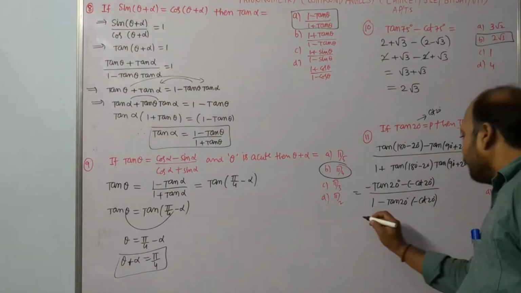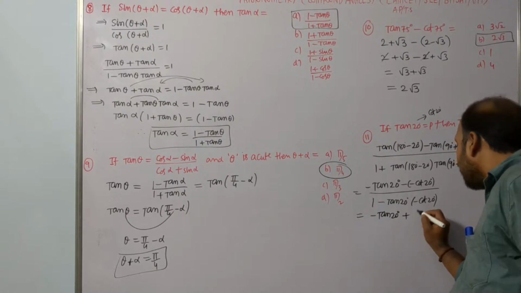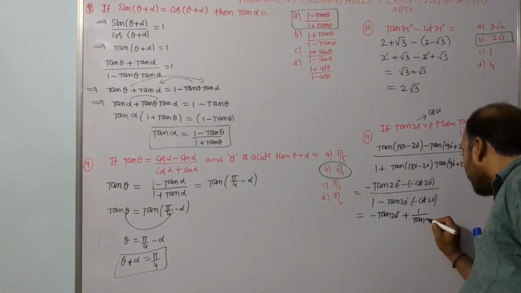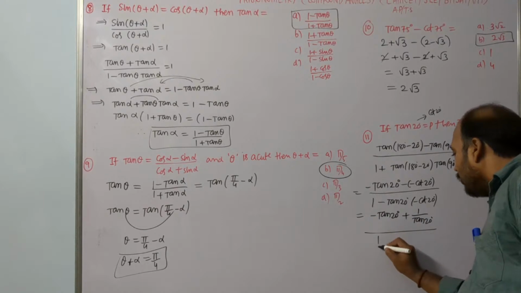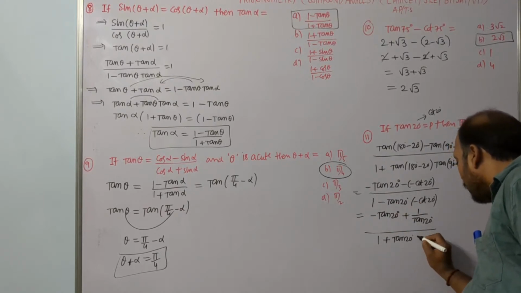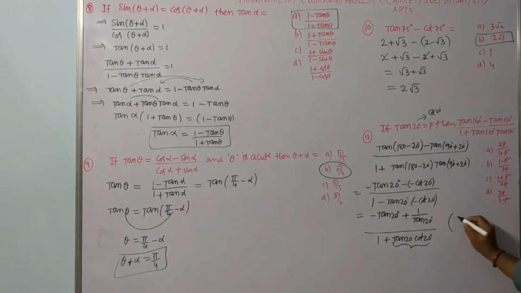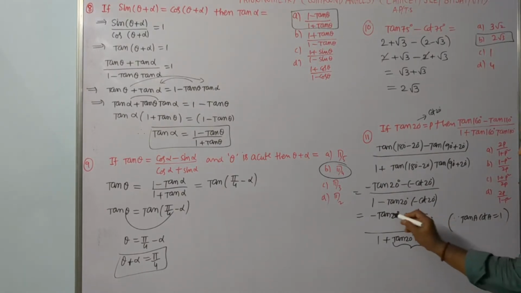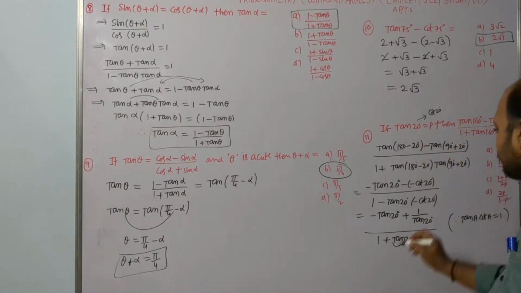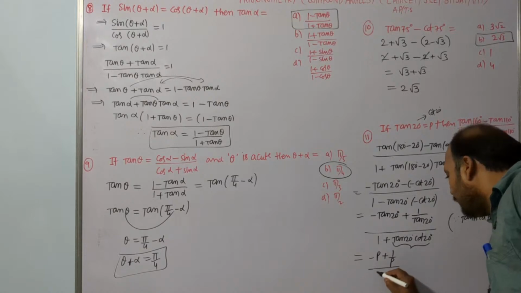So minus tan 20 plus cot 20 means 1 by tan 20, dear students, by 1 plus tan 20 into cot 20. We know tan A into cot A is equal to 1. So this value goes to be 1. Tan 20, wherever it is there, you can replace with P. So minus P plus 1 by P divided by 1 plus 1.